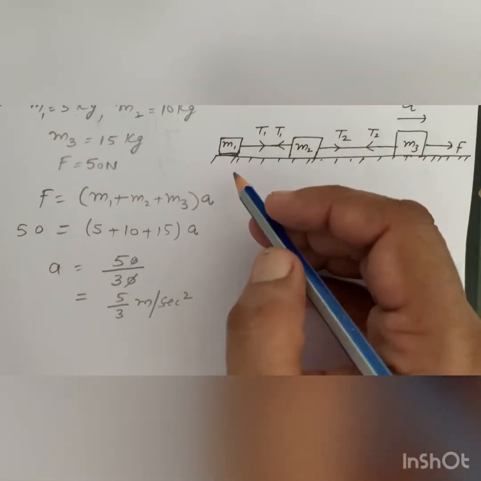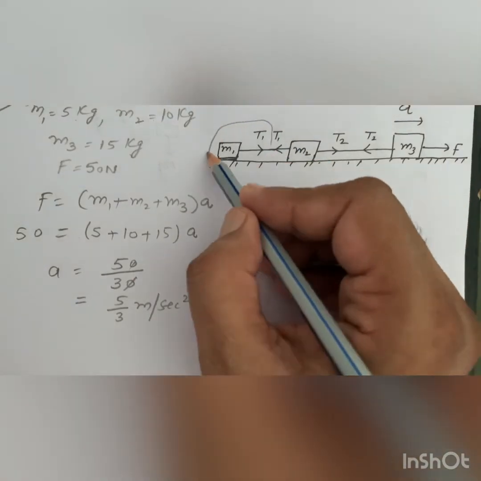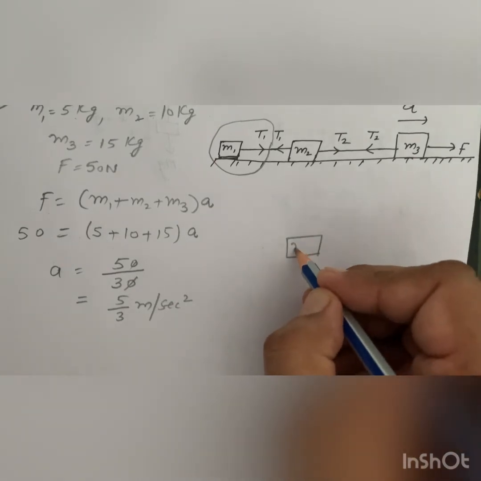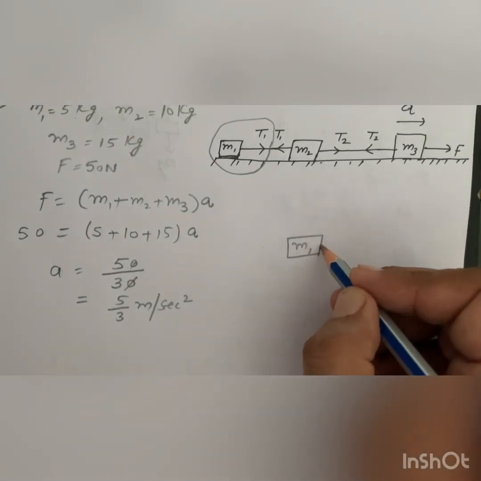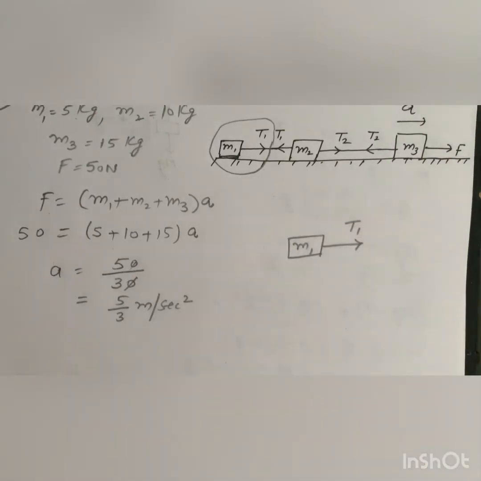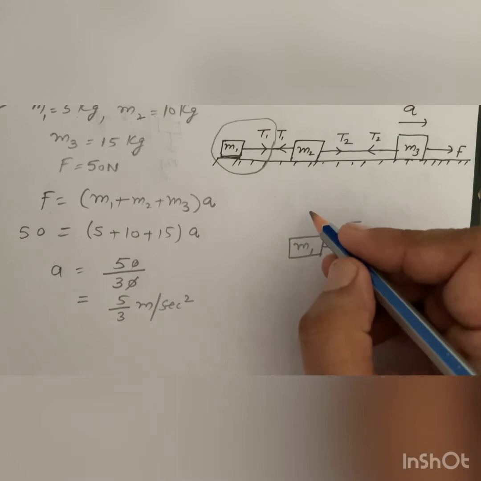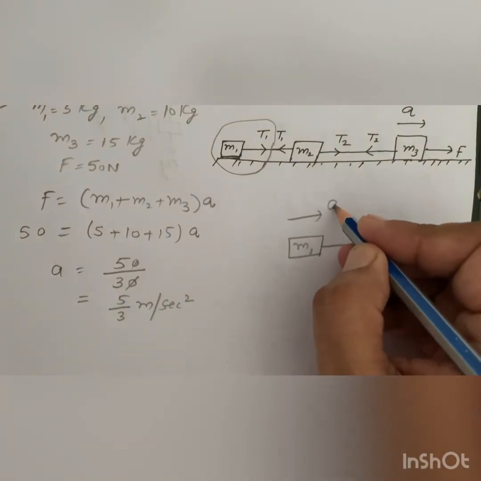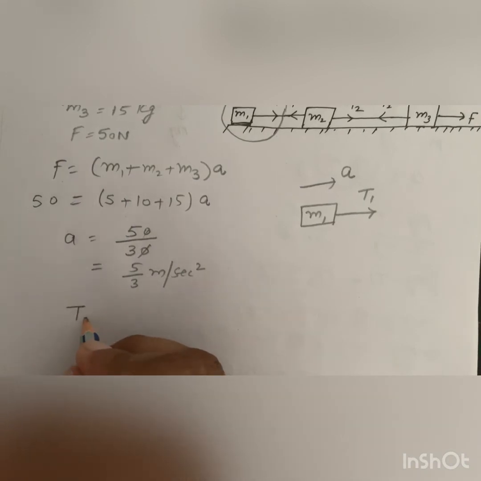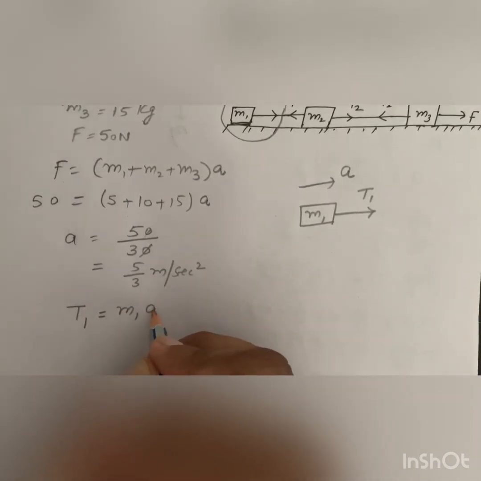Here we draw the free body diagram. We take only this portion. Here the mass is M1 and the tension is in this direction. Here the acceleration is a, so it means T1 equals mass into acceleration.